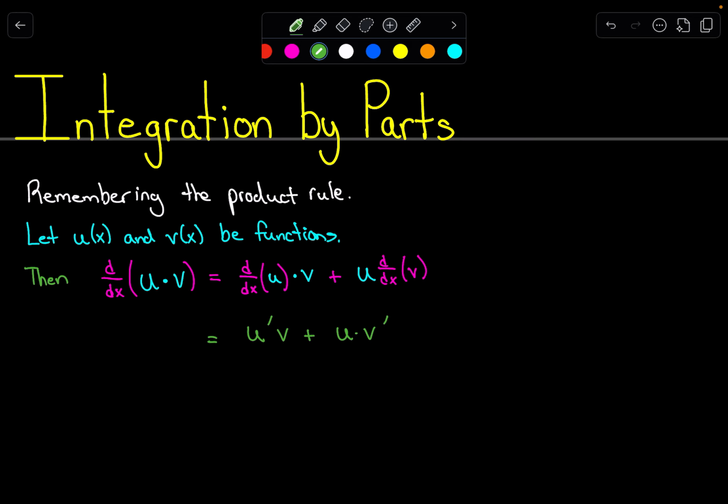And the idea here is I'm just going to rewrite what I have here in pink. I'm going to rewrite this as, well, we still have d dx, the derivative of U times V, is equal to du dx times v plus u times dv dx.